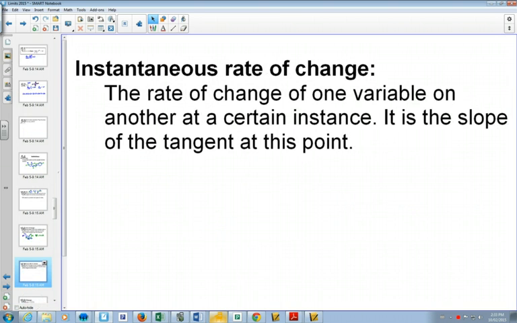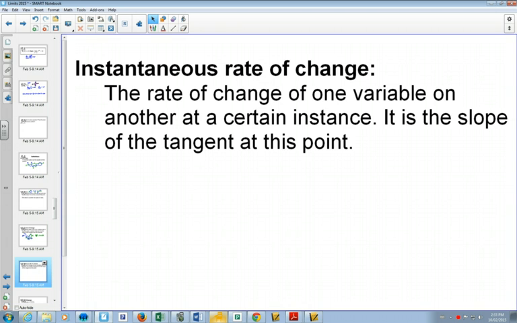An instantaneous rate of change is when I look at this moment, my speedometer is saying 100 kilometers per hour. At that instant, that's how fast I'm going. And an instantaneous rate of change would be the slope of a tangent line at a point.